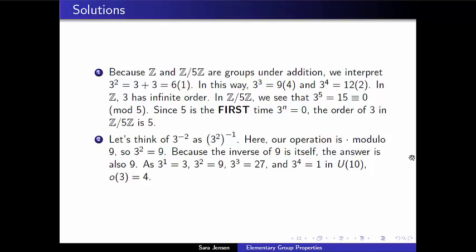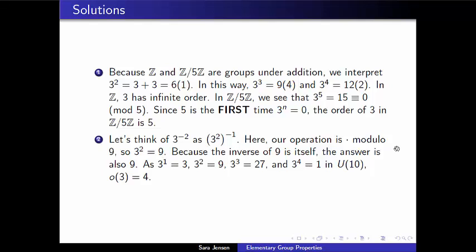Inside U of 10, we're working multiplicatively, modulo 10, so when we look at 3 squared, that's 9. And then the next part of our action is to look for the multiplicative inverse of 9. When I take 2 9s and multiply them together, I get 81, which modulo 10 is 1. That shows us that 9 is in fact its own inverse inside of U of 10, and so this 3 to the -2nd power should be interpreted as 9.